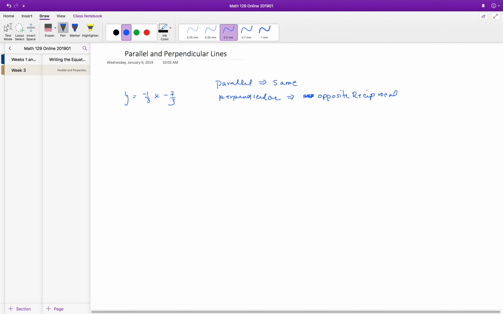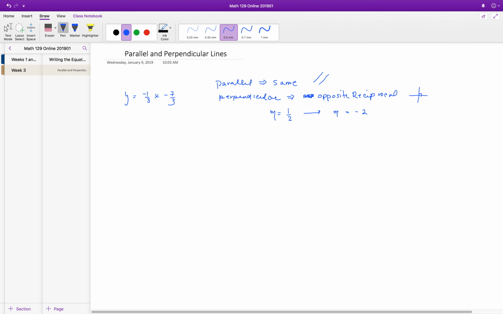Parallel lines never intersect, so they have the same slope, so that makes sense. And perpendicular lines meet at a right angle. If the slope of one line is, let's say, 1/2, then the slope of its perpendicular would be opposite, meaning change the sign, so negative, and then flip it, so -2.